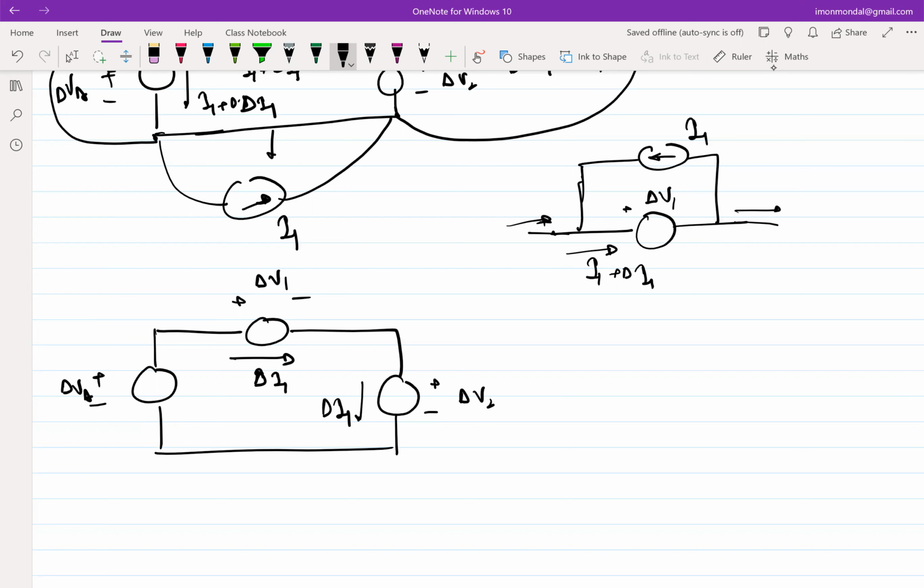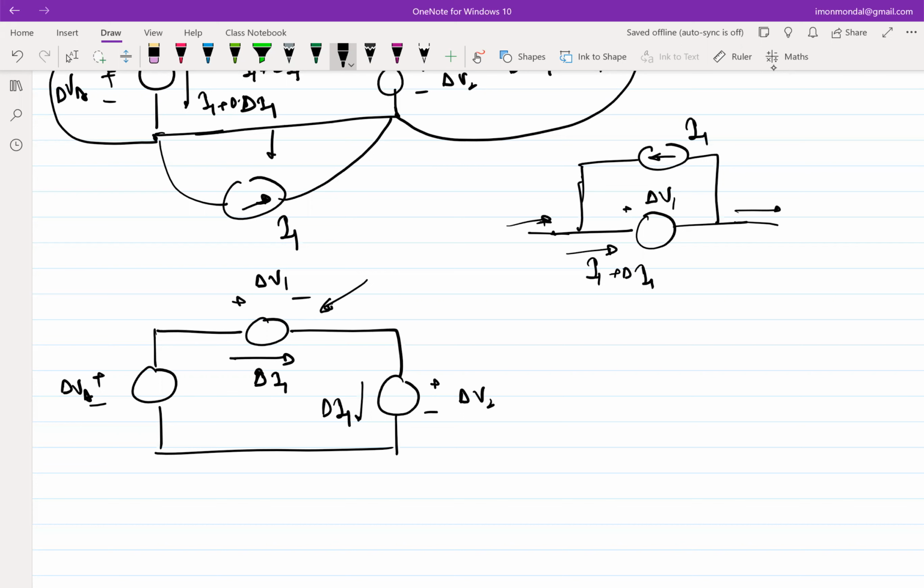Now, what is the relationship between delta V1 and delta I1 from all the stuff that we have done till now? If I have to use superposition again and replace this voltage source with some element, what element will I replace it with? A resistor of value? Delta, right.